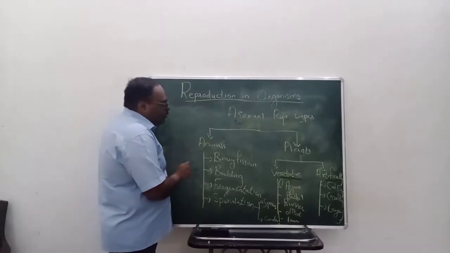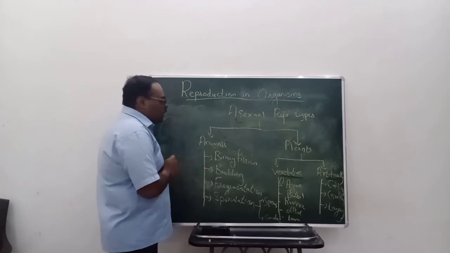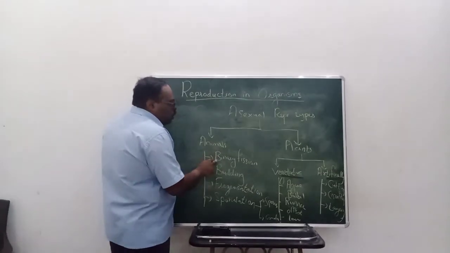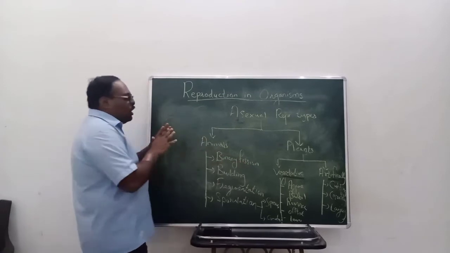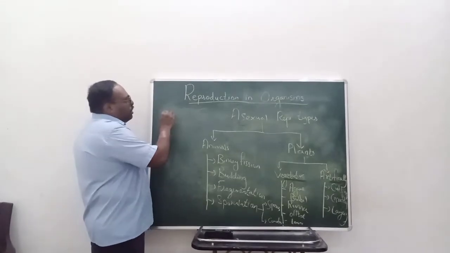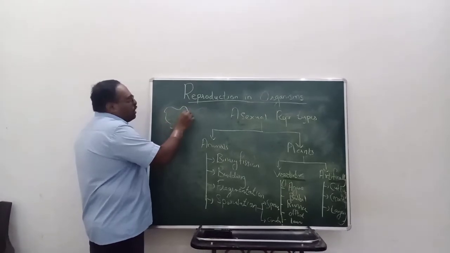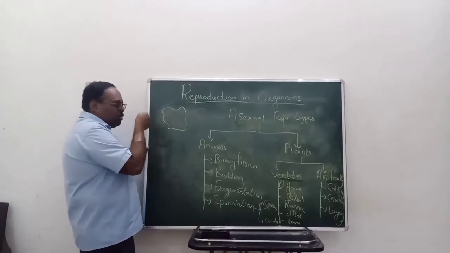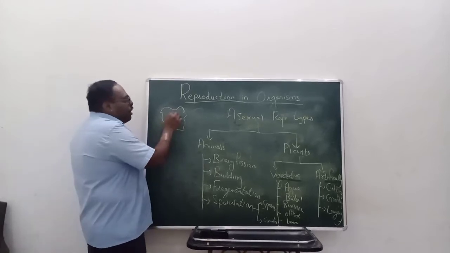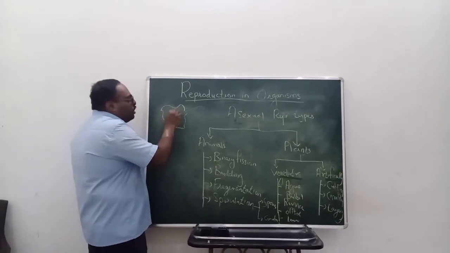The first one is binary fission. The word binary, bi means two, and fission means dividing into two. If you draw the diagram, it goes like this. The best example is amoeba, which is a protozoan. It has a nucleus in the middle.